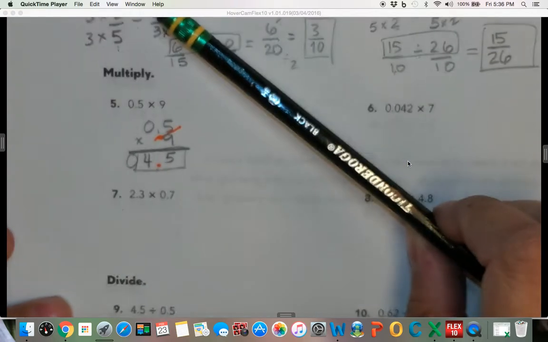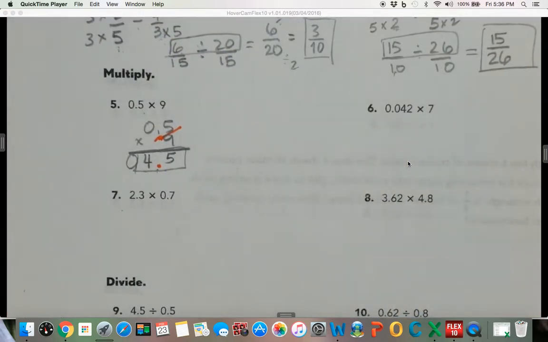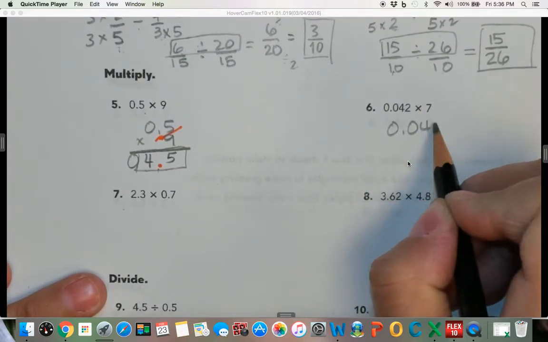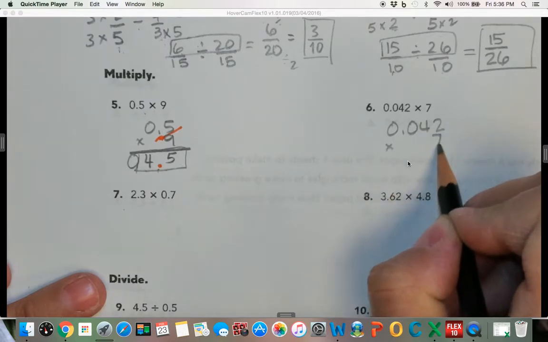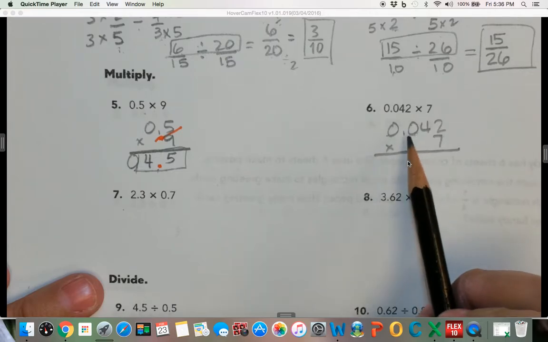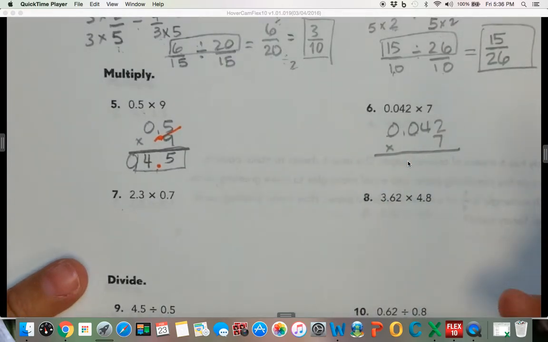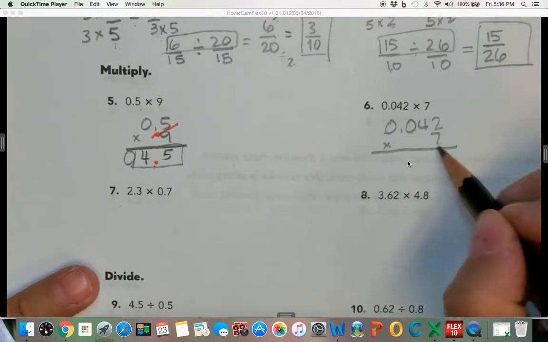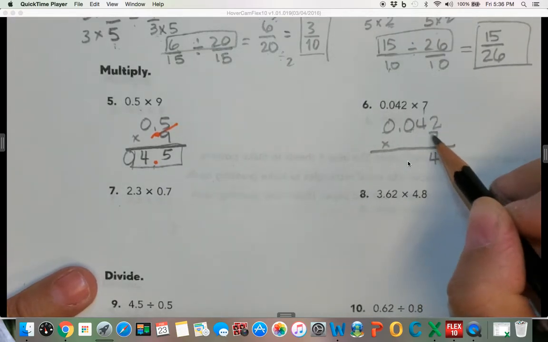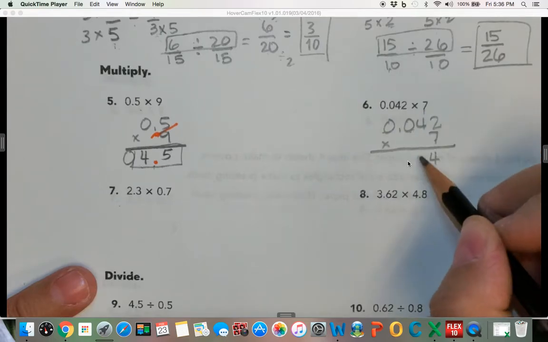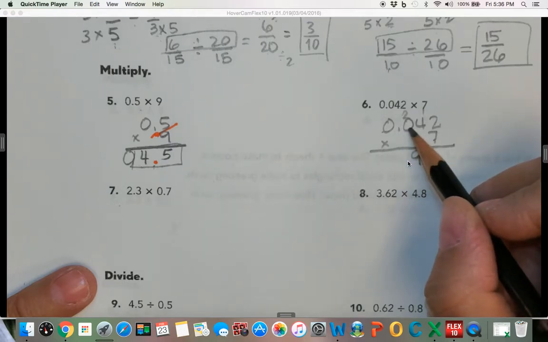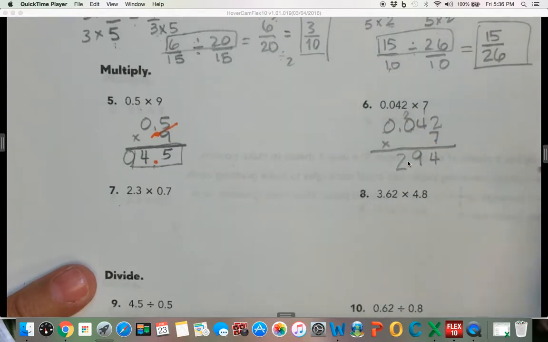I'll do it over here. 0.042 times 7. I can kind of ignore these zeros. They're important, but when I'm multiplying, I don't need them right away. So 7 times 2 is 14, carry the 1. 7 times 4 is 28, plus 1 is 29. 7 times 0 is 0, plus 2 is 2.